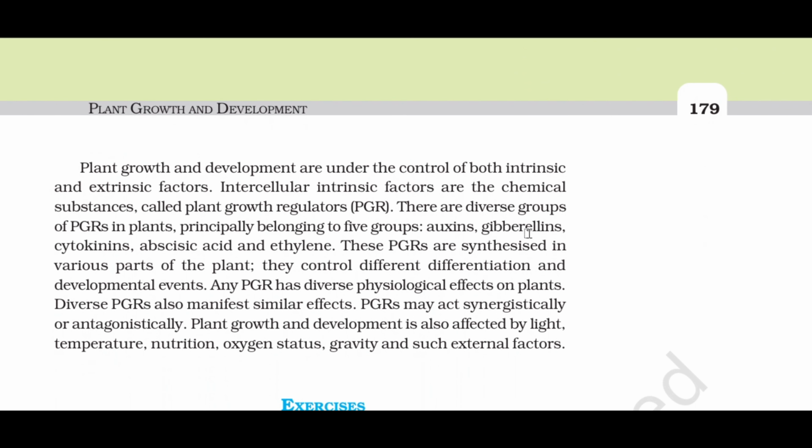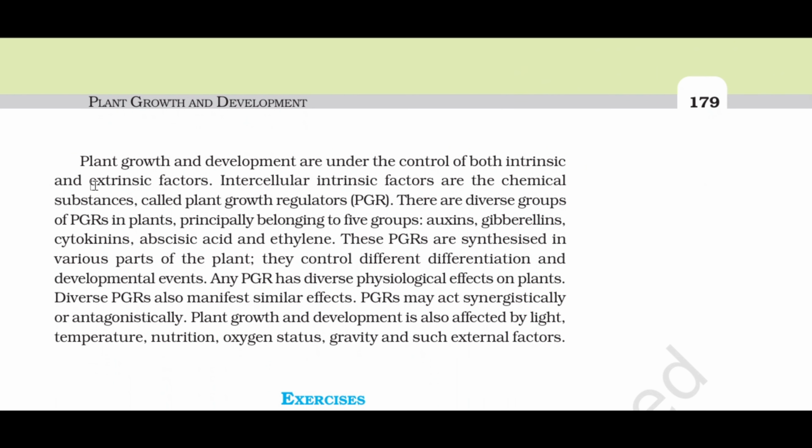Plant growth and development are under the control of both intrinsic and extrinsic factors. Intercellular intrinsic factors are the chemical substances called plant growth regulators, PGRs. There are diverse groups of PGRs in plants, principally belonging to five groups: auxins, gibberellins, cytokinins, abscisic acid, and ethylene. These PGRs are synthesized in various parts of the plant.